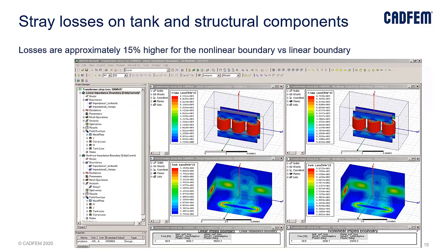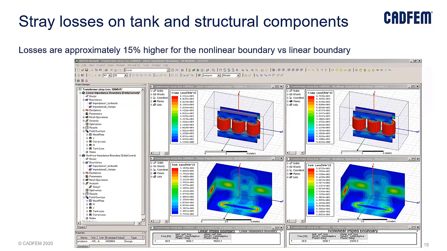If your skin depth is very small, then we will recommend that the customer go with non-linear boundary conditions. And it's not only Maxwell, maybe the competition can also offer a solution for transformers. But the reason Ansys is more accurate compared with other solvers here is basically that they will offer you only the linear boundary.